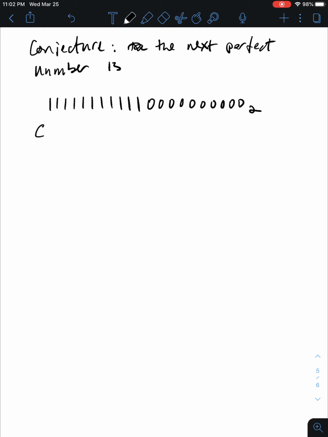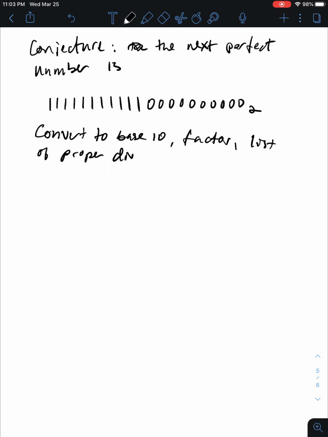So again, convert this to base 10. Factor. List the proper divisors. And show it is not perfect.